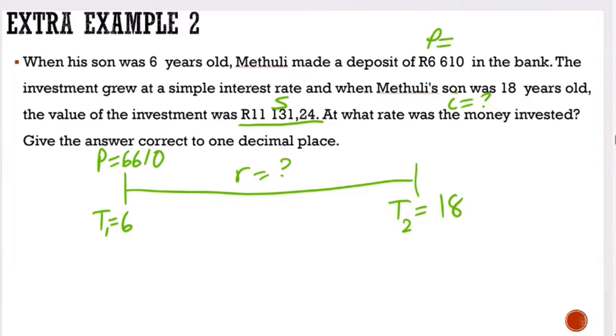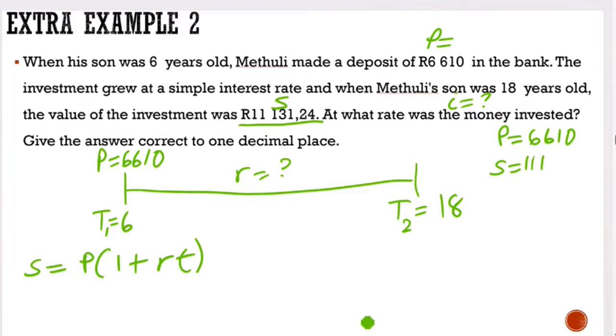So what are the components of your simple interest? The simple interest formula says you've got P(1 + rt). Do you have all of the components to be able to calculate what you are asked? You are asked to find i. So let us break down our components. Your P is 6,610. Your S is equal to 11,131.24. And you don't know your r.